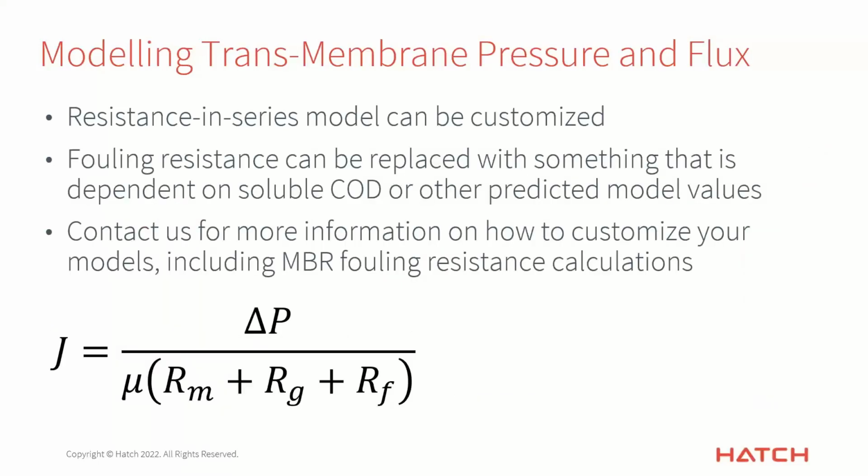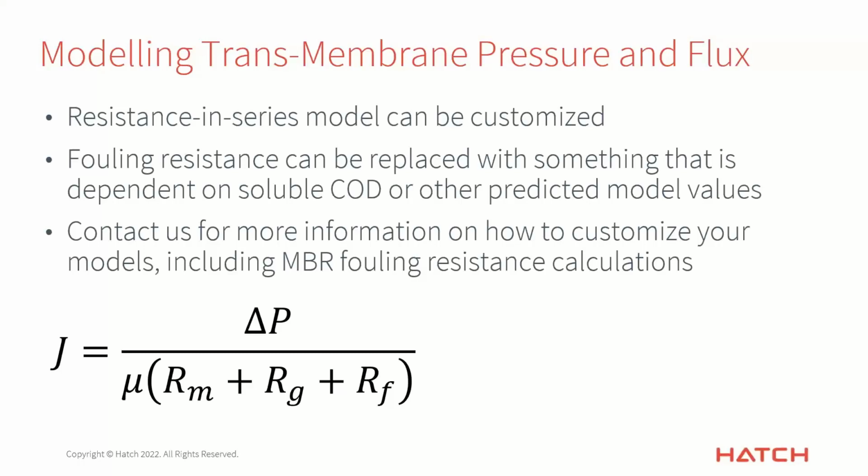Okay, so I did want to mention, if you want to go even one more step, even more complex, is that we could take advantage of the GPSX customization features that allow for this resistance in series model to be actually customized. You could actually replace some of these terms with something else that's even more interesting and more advanced than what we already have.